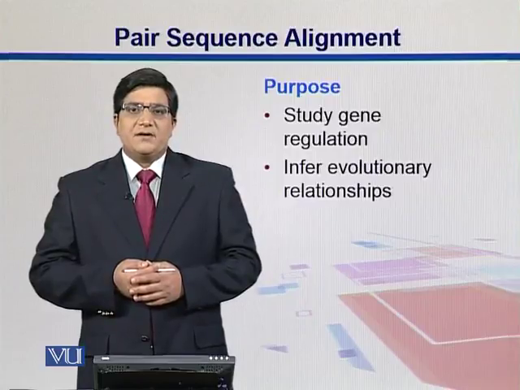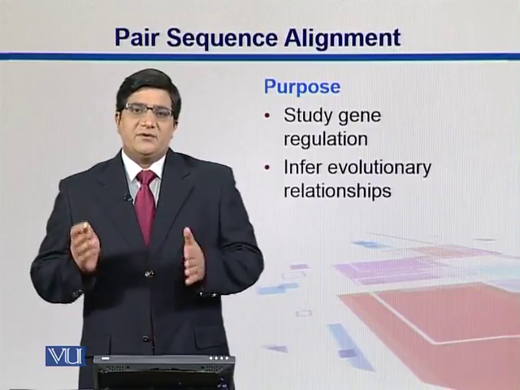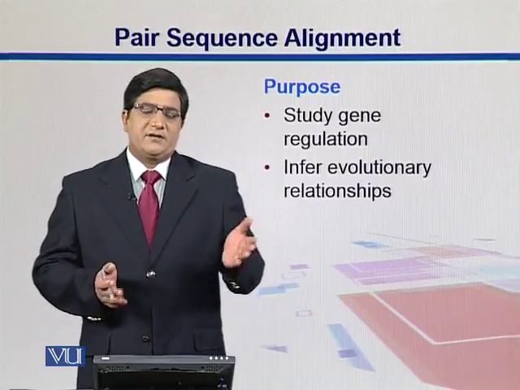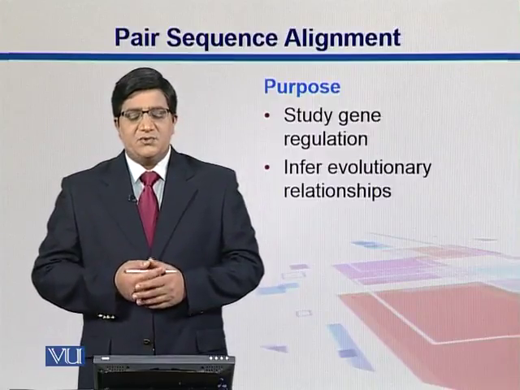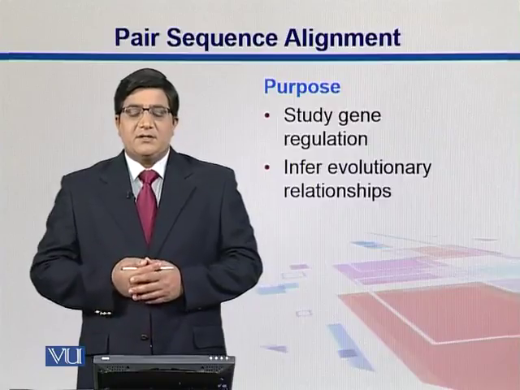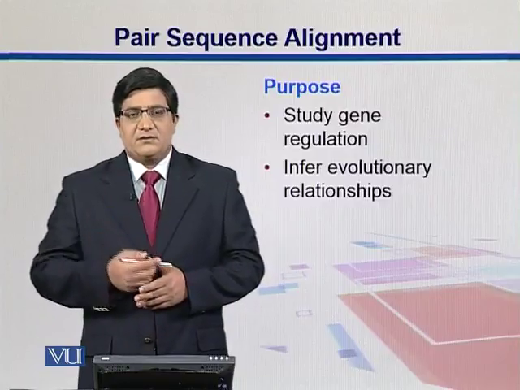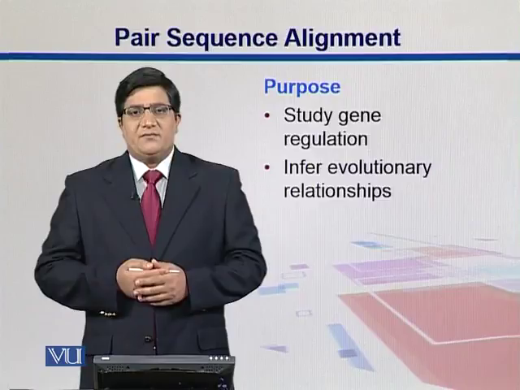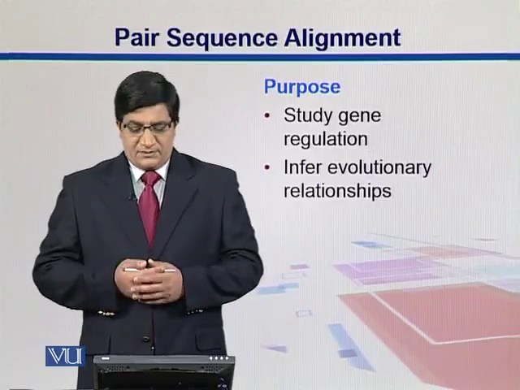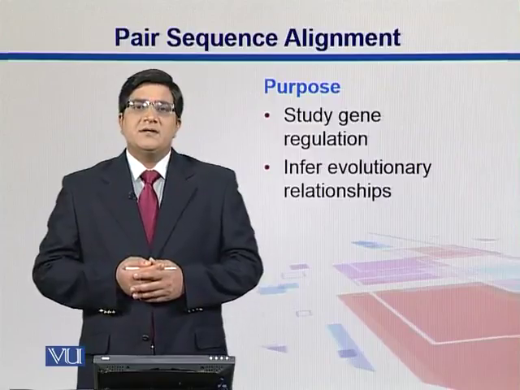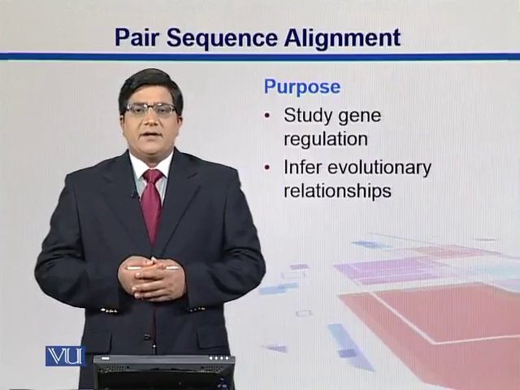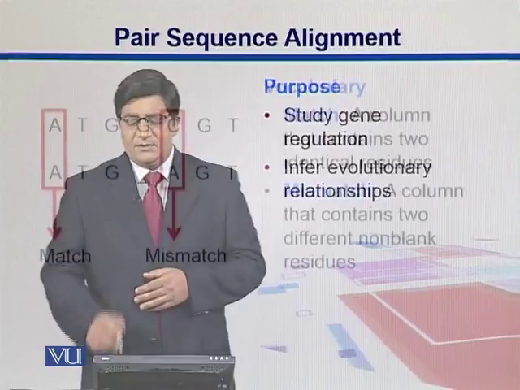So we need to find the regions of similarity between the microRNA and its target messenger RNA, so we can identify what their targets are. We can use pairwise sequence alignment in this example to bind a microRNA to its target. We can also infer evolutionary relationships between the sequences, how far and how distant they are.